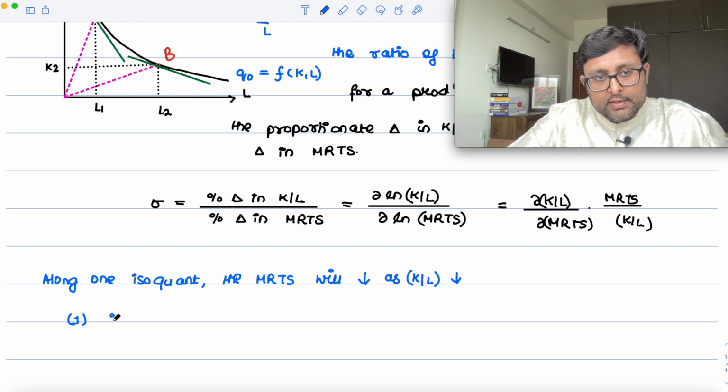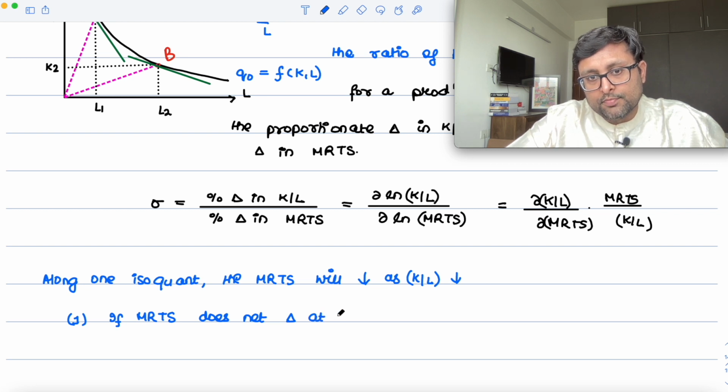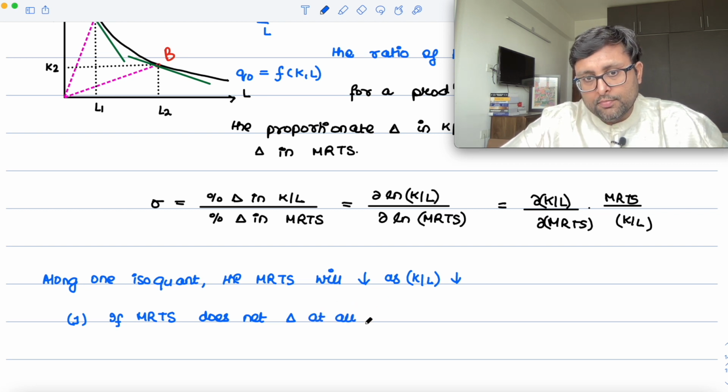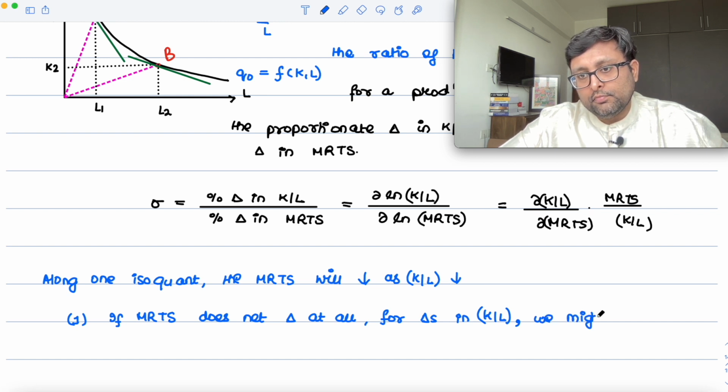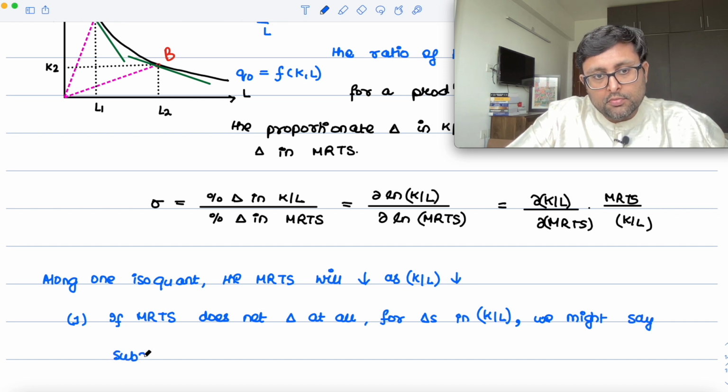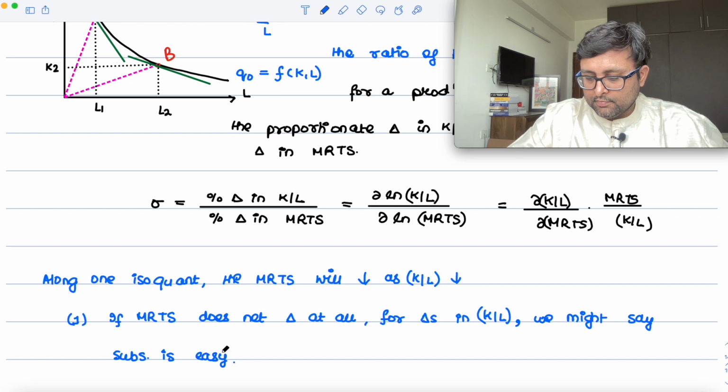So you can just think of it like this. If MRTS does not change at all for changes in K by L, we might say substitution is easy, right?